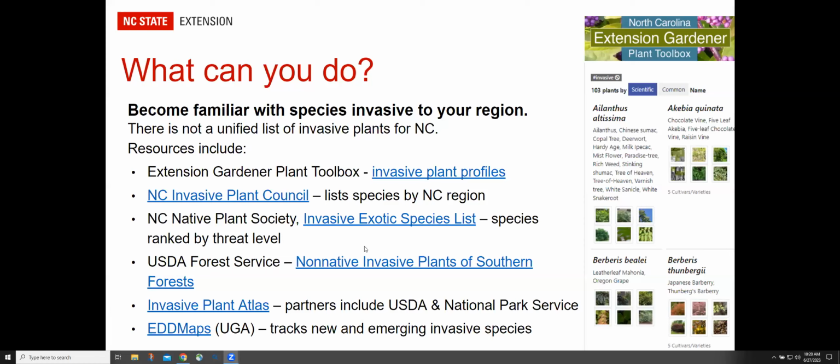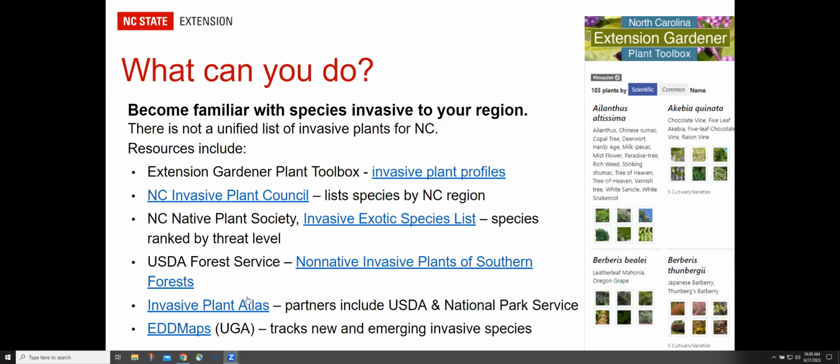Also, the North Carolina Native Plant Society has a list of invasive species, and theirs is interesting because they rank them by threat level, which is a good way to think about invasive plants. Some of them are a higher threat than others because they just have greater potential to do more harm and do it more quickly. Also, the U.S. Forest Service, their list specifically focuses on things in forests.